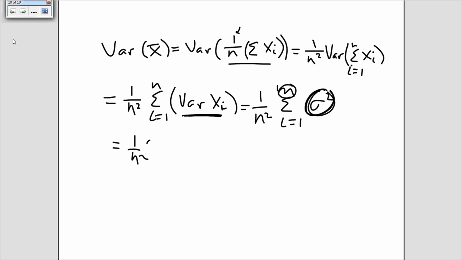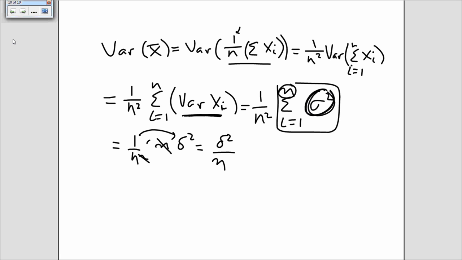And one of the n's in the top kills off one n in the bottom. You have sigma squared divided by n. So that is the variance of x bar.